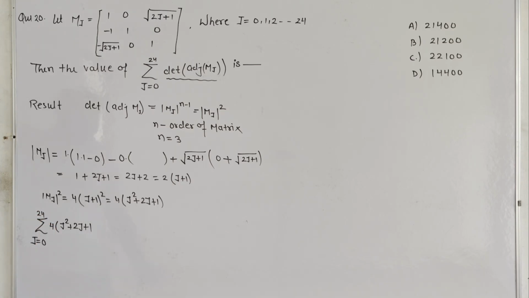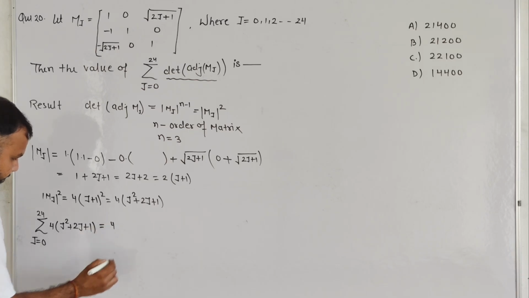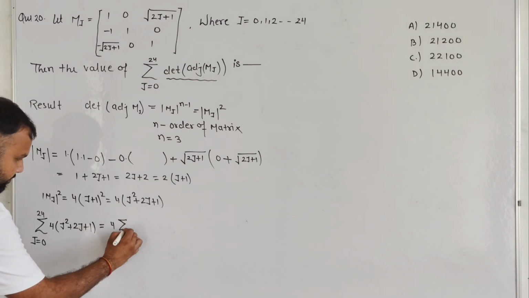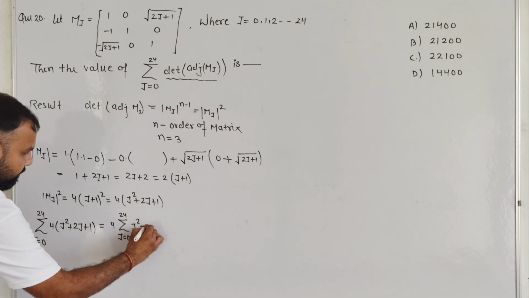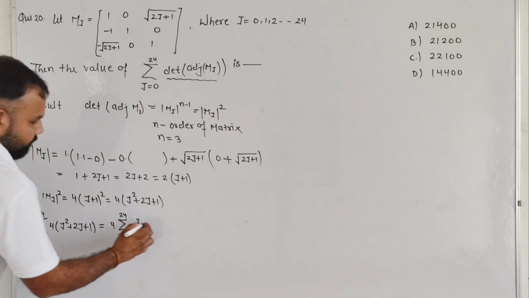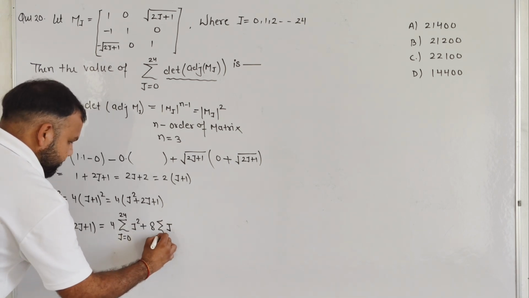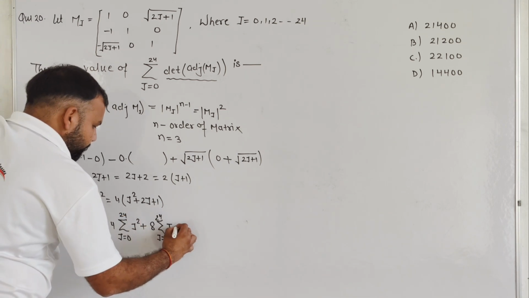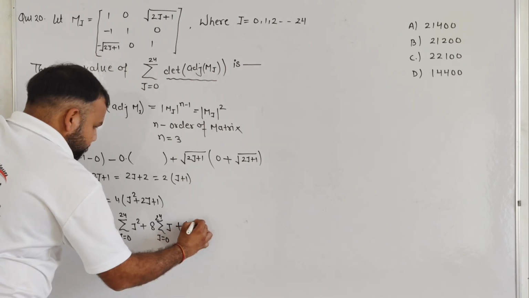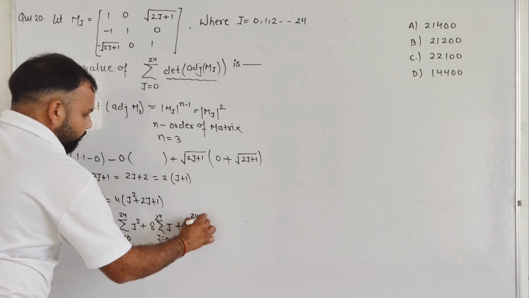It can be written as 4 times the summation of j square, j equals 0 to 24, plus 8 times the summation of j, j varying from 0 to 24, plus 4 times the summation of 1, j from 0 to 24.